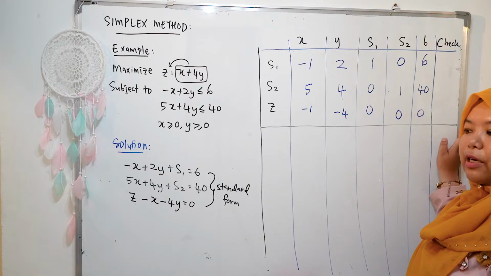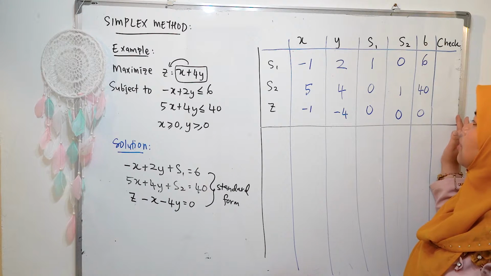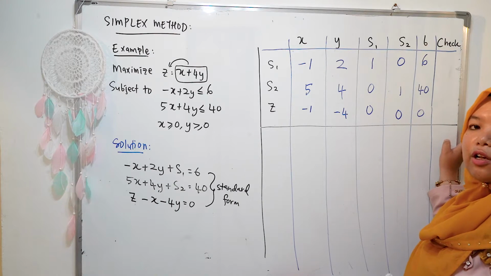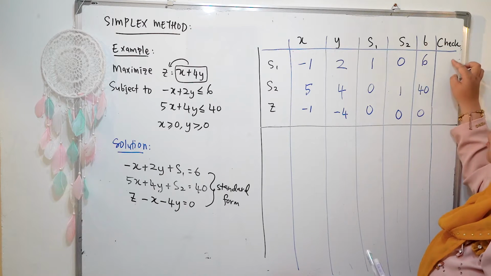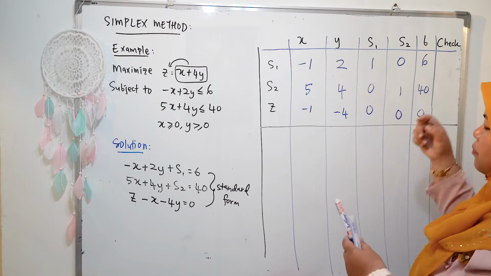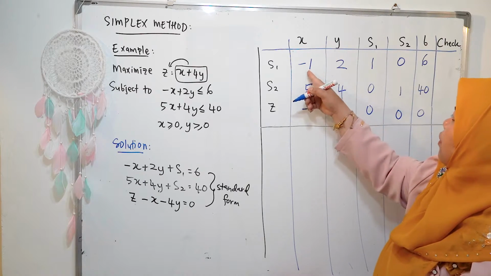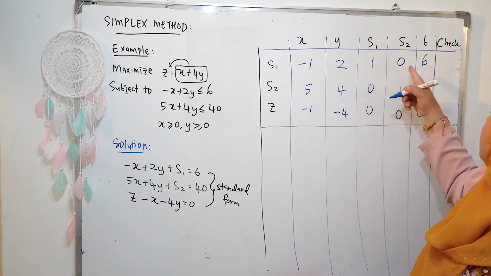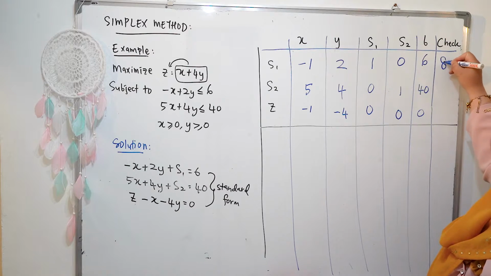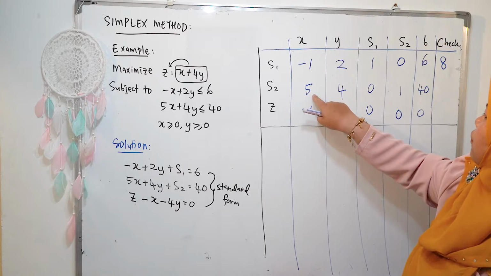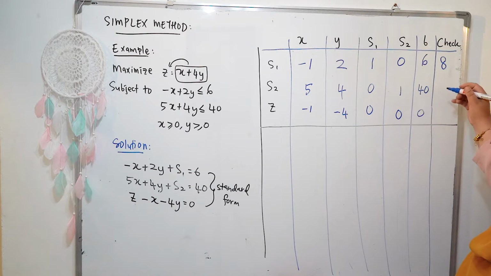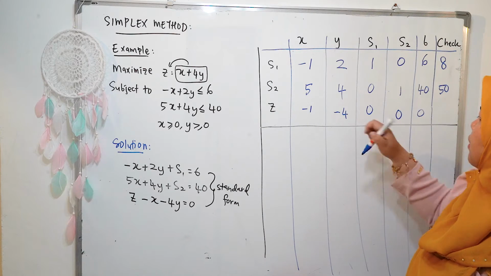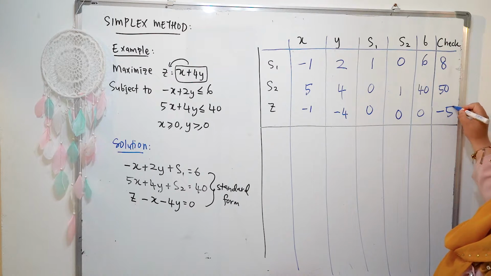I highlight this column just to check whether we made a mistake. For the check, we just add up all the numbers. Negative 1 plus 2 plus 1 plus 6, so I got 8. Here 5 plus 4 plus 1 plus 40, so I got 50. For the z row, I got negative 5.